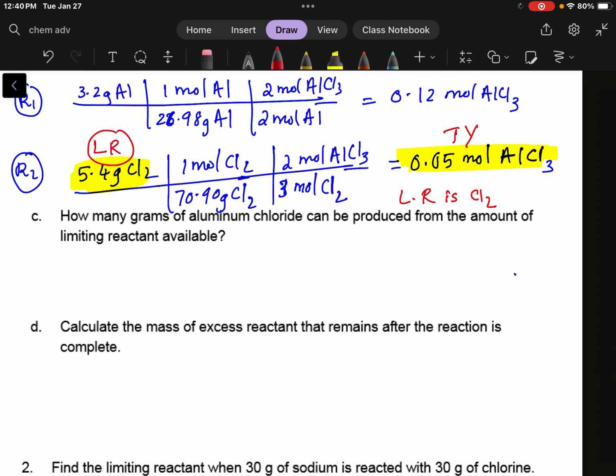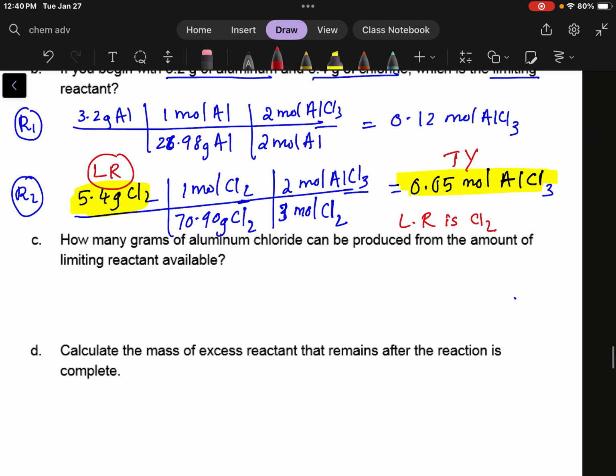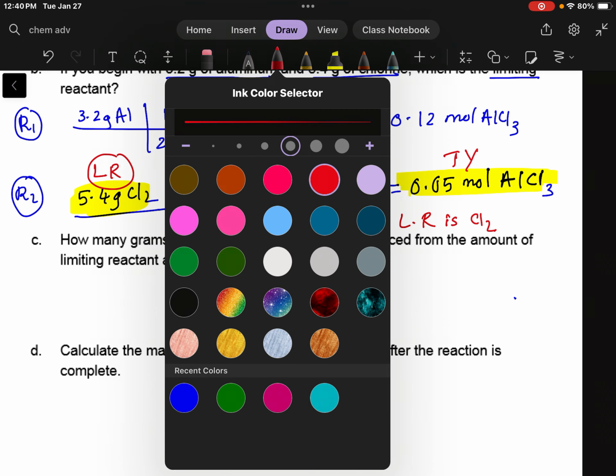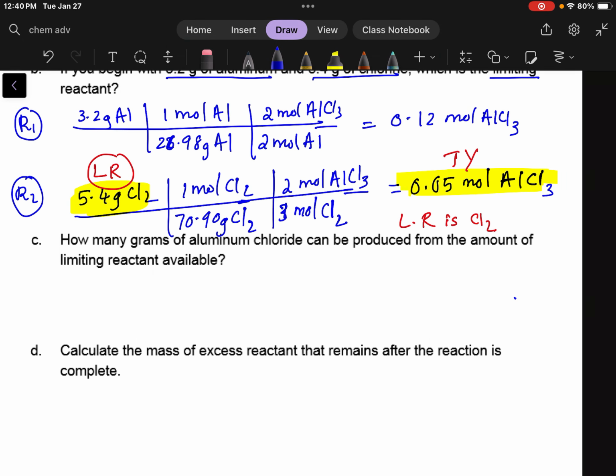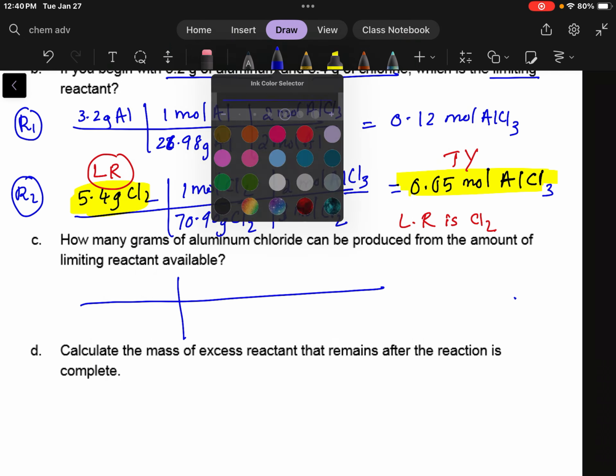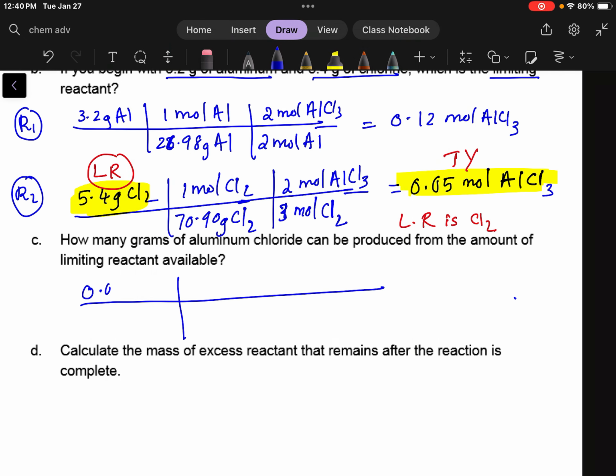Okay, now how many grams of product? Then you need to continue that. You can do that in the first step, but if you want to continue, just continue from the theoretical yield. We already have the mole value there. So you will write 0.05 moles of aluminum chloride, and write the molar mass of aluminum chloride.